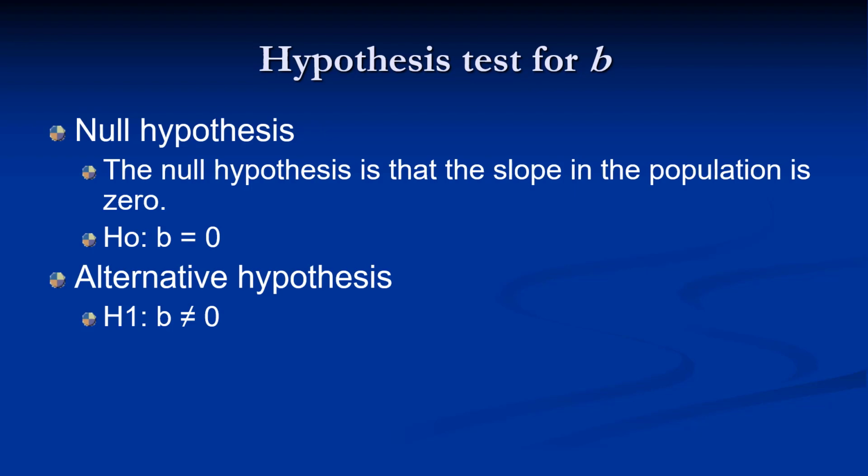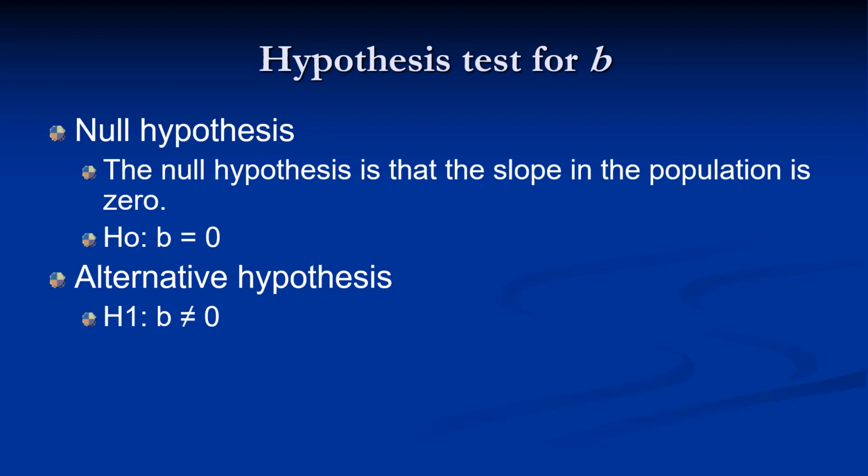We can also test hypotheses about the true slope beta. Regarding the slope of linear relationship between two variables in the population, the null hypothesis is that the slope in the population is 0.